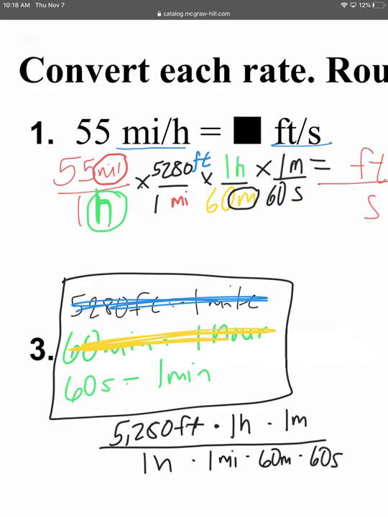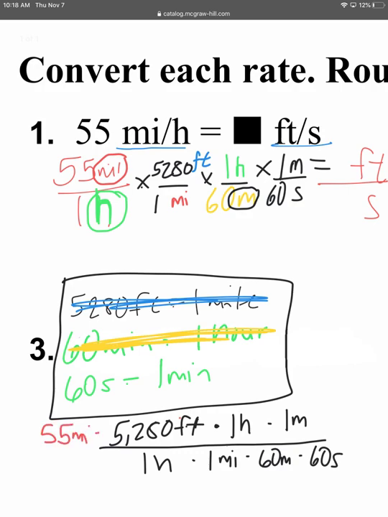And then from here, we're going to cross out everything that's in the numerator that's also in the denominator. For instance, we had miles. Oops, we started out with, oh, I forgot the 55. My bad.